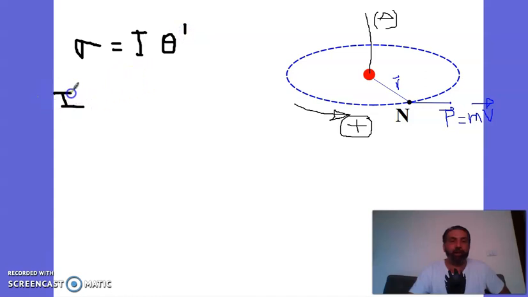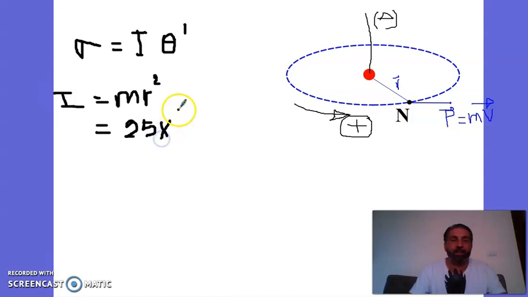I for a particle is mr squared. Now try to do the calculation to save time. If you do the calculation, then you get I equals 25 times 10 to the power 50. Now what's the unit of I?